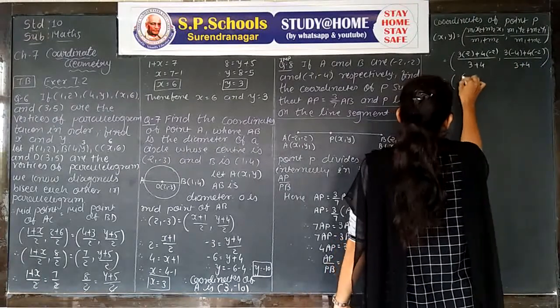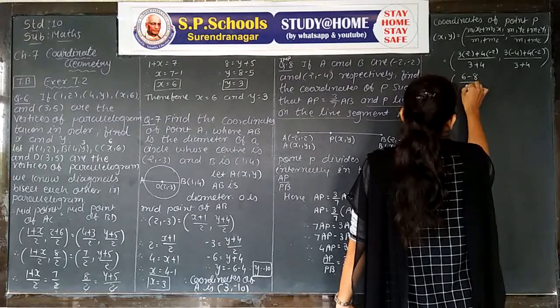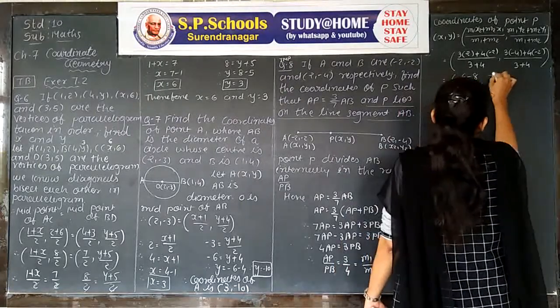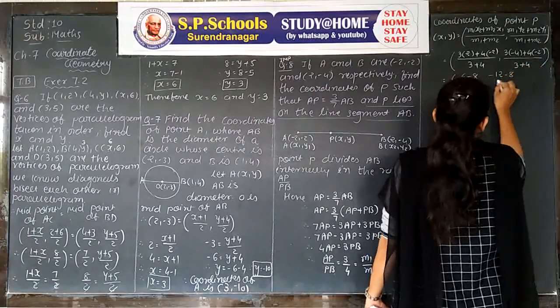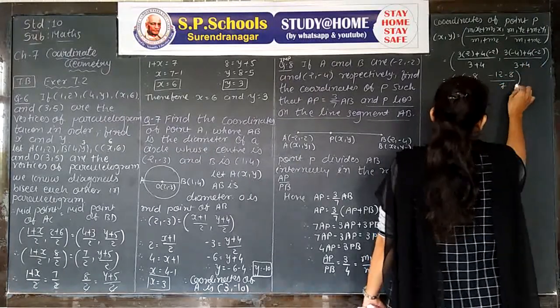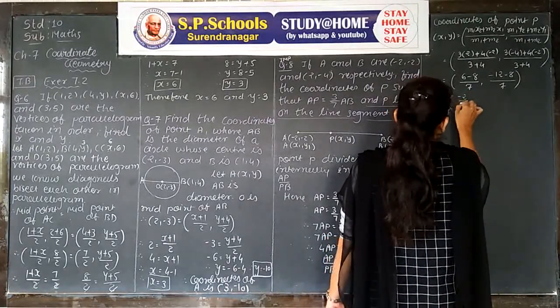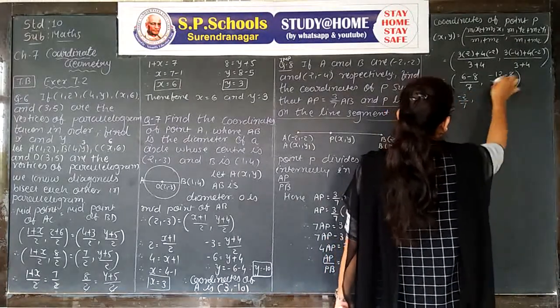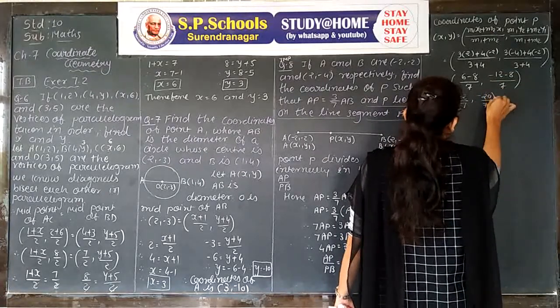3 2s are 6, 4 times minus 2 is minus 8, upon 3 plus 4, which is 7. 3 times minus 4 is minus 12, plus 4 times 2 is 8, upon 7. That's why 6 minus 8 is equal to minus 2 upon 7, comma minus 12 plus 8, which is minus 4 upon 7.